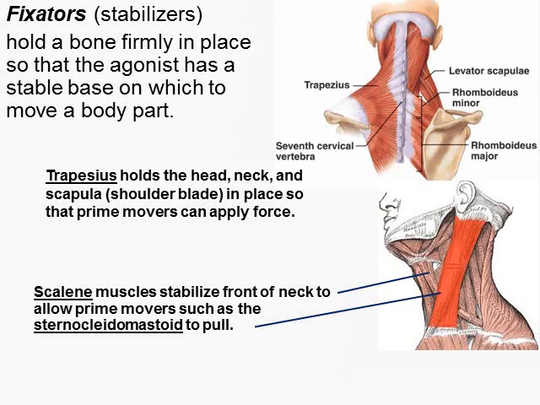You see, we can't have that scapula flopping around when we're trying to do an exertion. The scalene muscles of the neck also are going to stabilize that area so that that massive sternocleidomastoid can pull and the head's not flopping around.